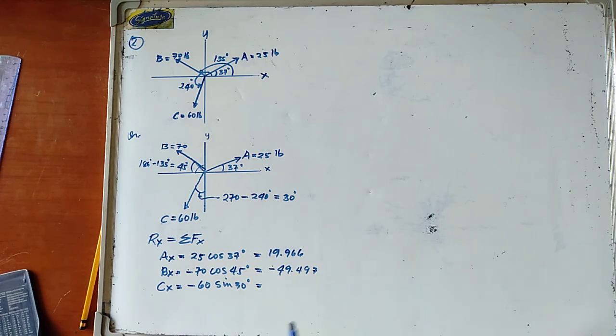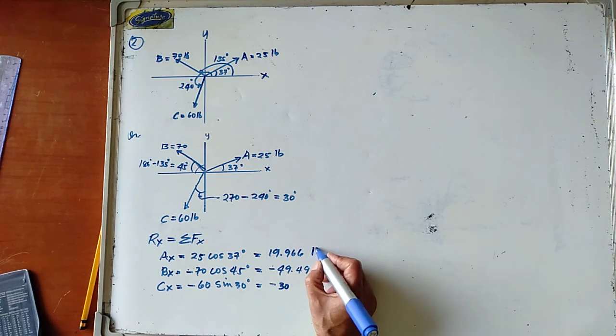And Cx is negative 60 sine of 30 degrees, which is negative 30 pounds.